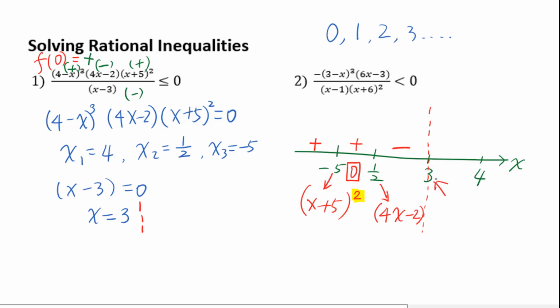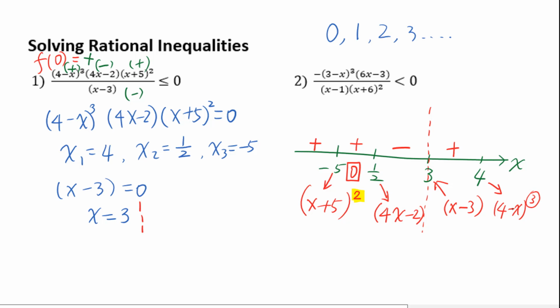For this 3, the factor is x minus 3. This is a single power. There is a sign change at 3, so this will be positive. We have 4 minus x to the third power.